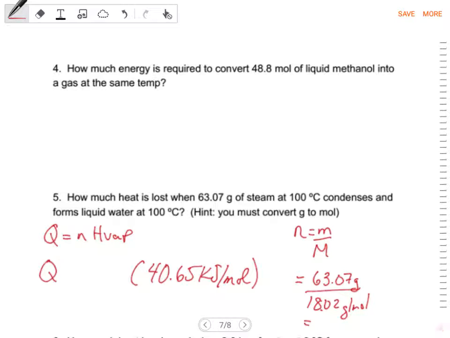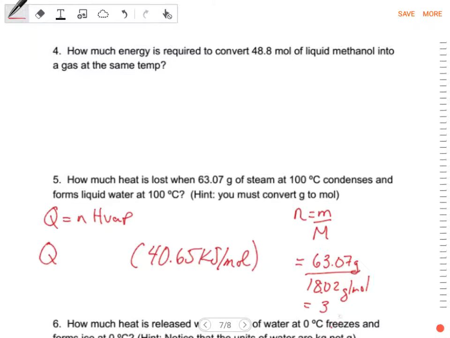That gives us a number of moles here. I'll just calculate this quickly: 63.07 divided by 18.02. Oh, that's actually a nice number, 3.5 moles. Now you just plug that into your formula. Q equals 3.5 times 40.65.